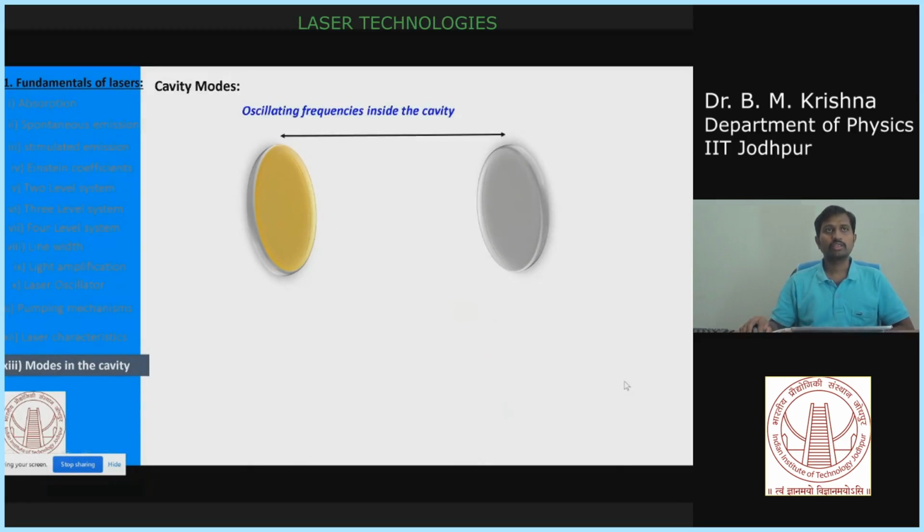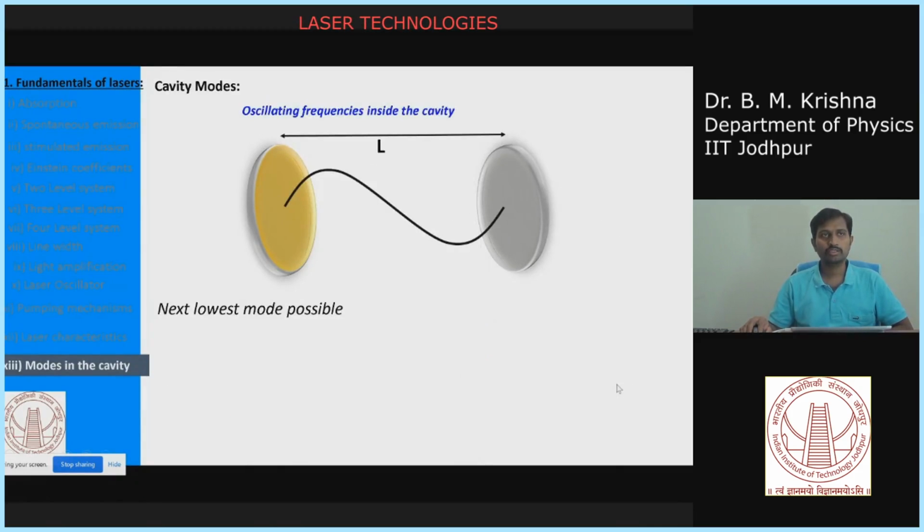Now we will see the next possible mode. The next possible mode is this one, and L is nothing but lambda. This is lambda by 2 and this is our lambda, so this is one complete wavelength of your light. So lambda 2 is 2L by 2.